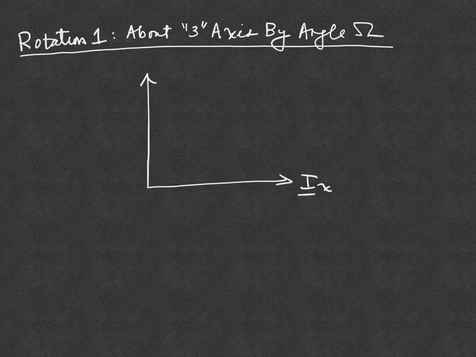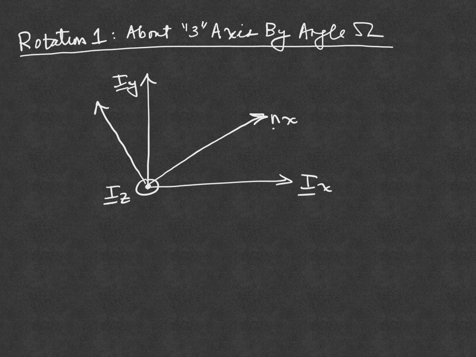So here's ix, here's iy, and here's iz. Now, we perform this rotation to construct a new basis, which is going to be called n sub x, n sub y, and then n sub z is the same as iz. And the angle of the rotation is omega.